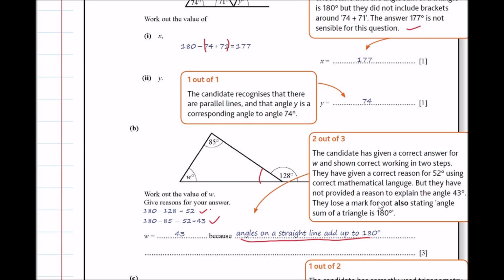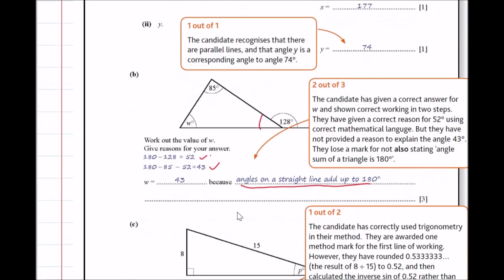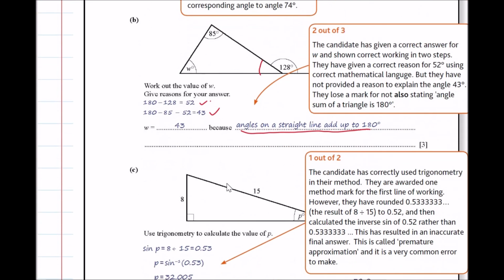So he lost 1 mark. So he got 2 out of 3. Okay. Here it should have been written that the angle sum of a triangle is 180 degrees. That was the second reason for this question.